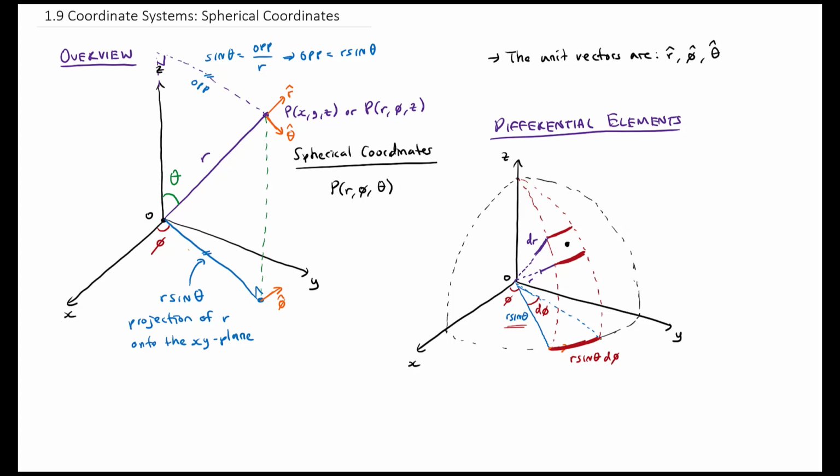So we started off with an angle theta, and this is going to be d theta. And this is a curved length, so now we have to figure out the arc length. It's going to be r d theta for this.